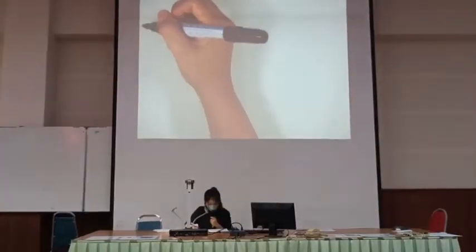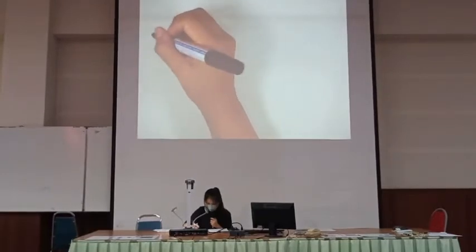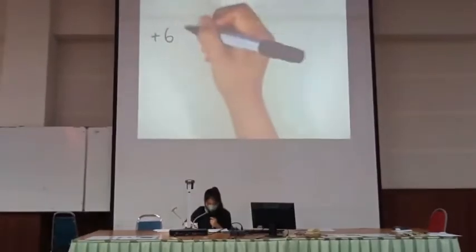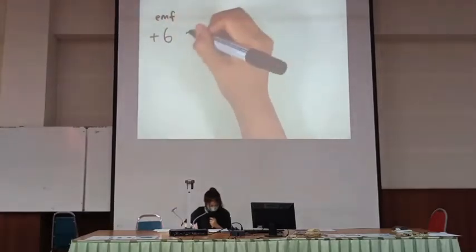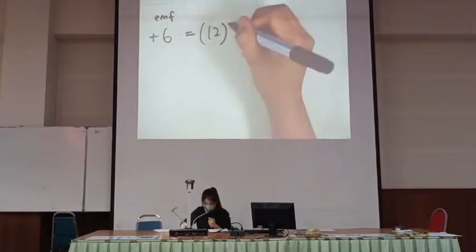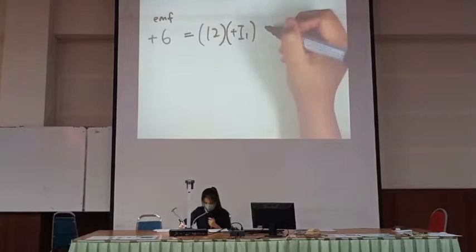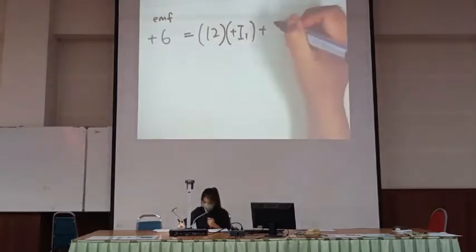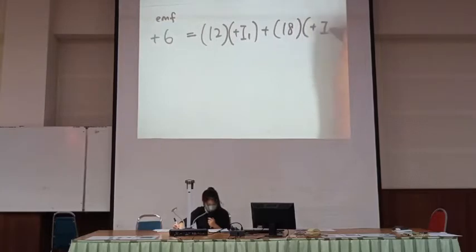So the equation for loop 1 should be positive 6, this is EMF, equals to 12 ohm multiplied with positive I1 plus 18 ohm multiplied with positive I2.